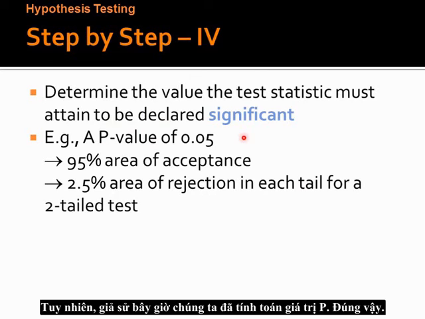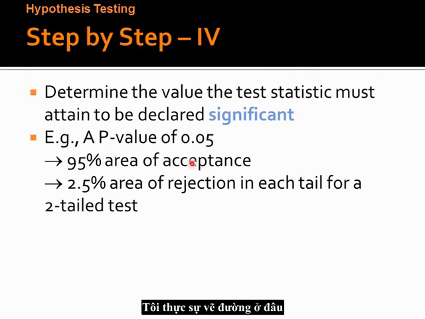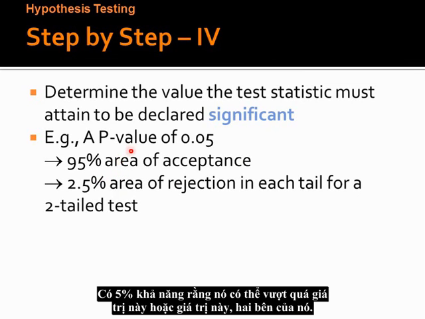Let's, however, assume for now that we have calculated the p-value. Right. So, where do I draw the line? When I say a p-value of 0.05 here, or in other words, the alpha value, this is my alpha which I'm comparing my p-value to, where do I actually draw the line? When I say alpha of 0.05, I'm actually saying there's a 5% possibility that it could go beyond either this value or this value, and it's two-tailed.